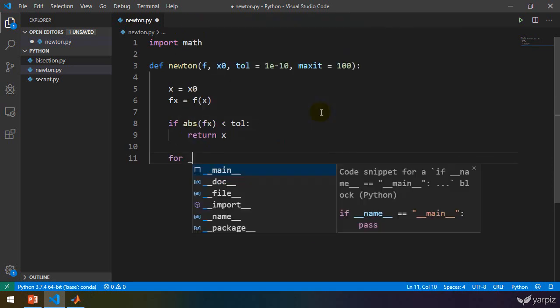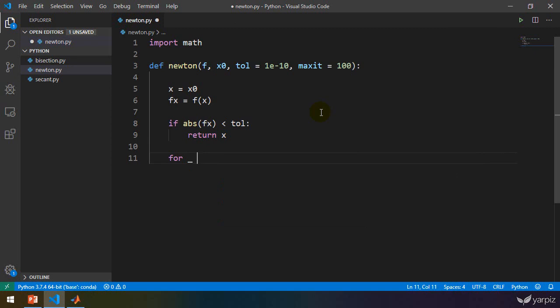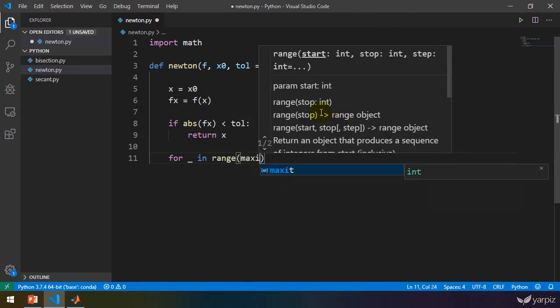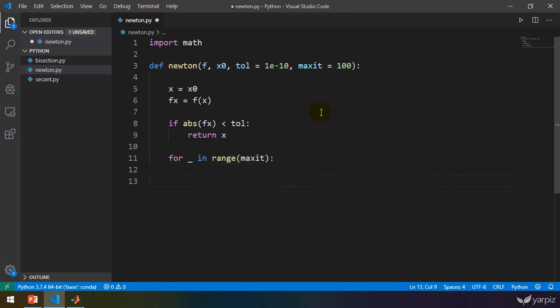Here we have a for loop over some dummy variable in range max it, and we're going to calculate the next solution. Let's define x new, the next solution, as x minus f of x divided by f prime of x.